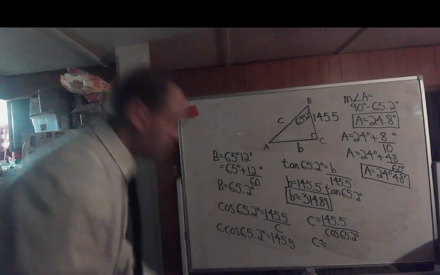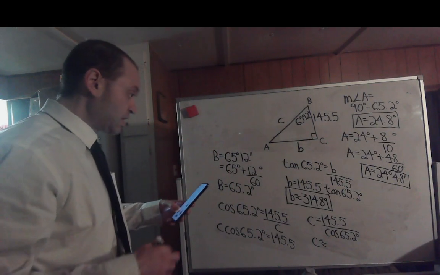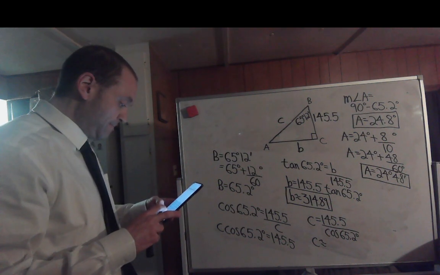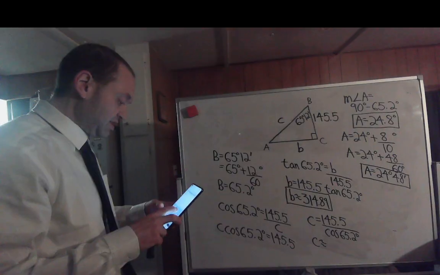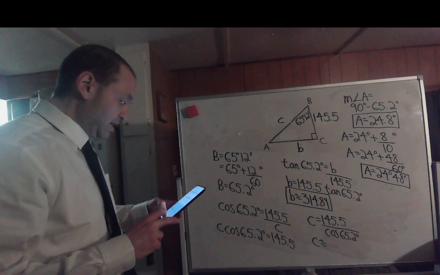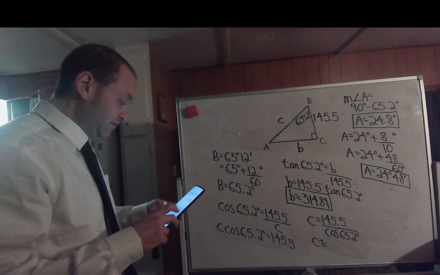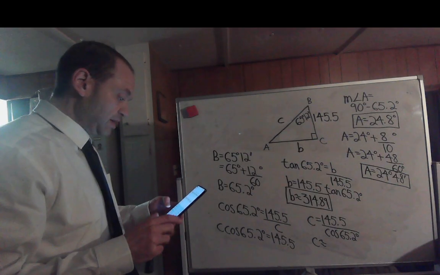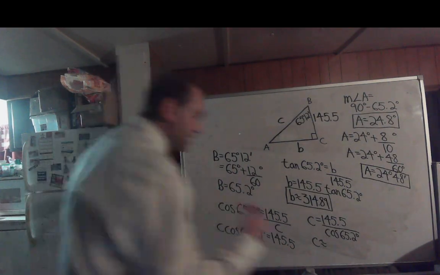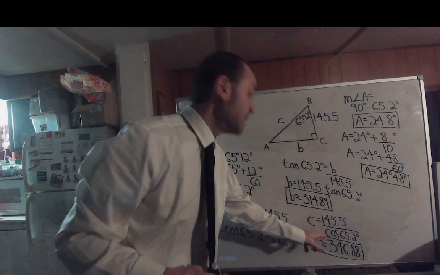So now we should be able to get a 2 decimal place approximation for side C, the hypotenuse. Let's do the cosine of 65.2 first. Then take 145.5 and divide it by that answer. You get a length of approximately 346.88 units. So the hypotenuse side C would be approximately equal to 346.88 units.